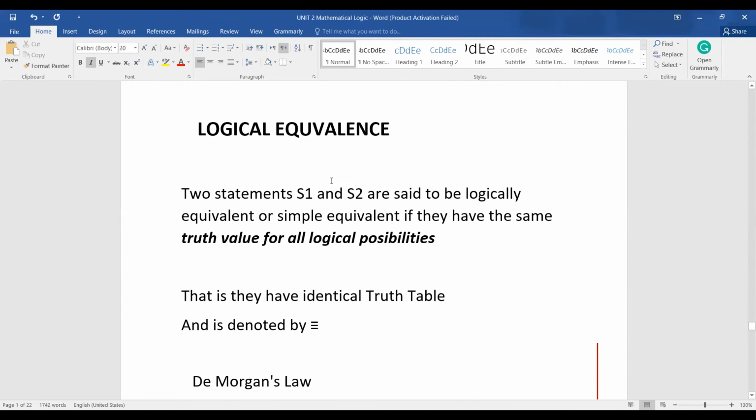Next, we have logical equivalence, or this sign. It's called logical equivalence, but when writing it, we don't draw complete lines. Let me show you how it looks.